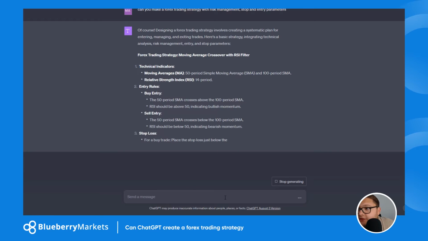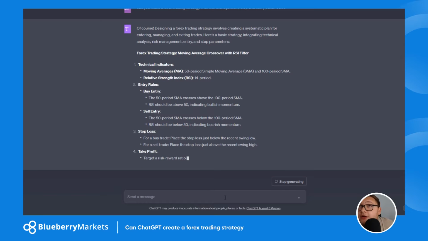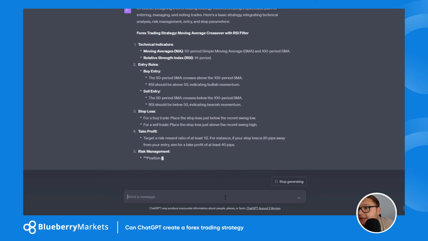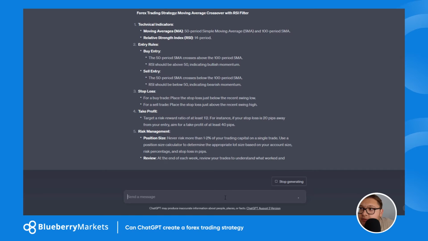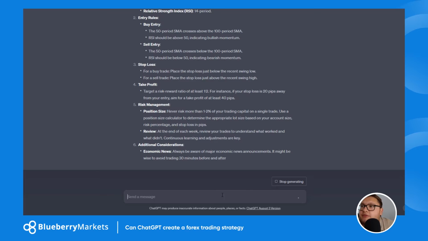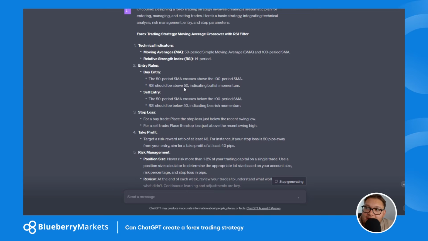So what's it giving us? It's giving us a Forex trading strategy, a moving average crossover with an RSI filter. What it's saying is, as technical indicators, we want to use moving averages, a 50 period simple moving average and a 100 period simple moving average, and a 14 period relative strength index.